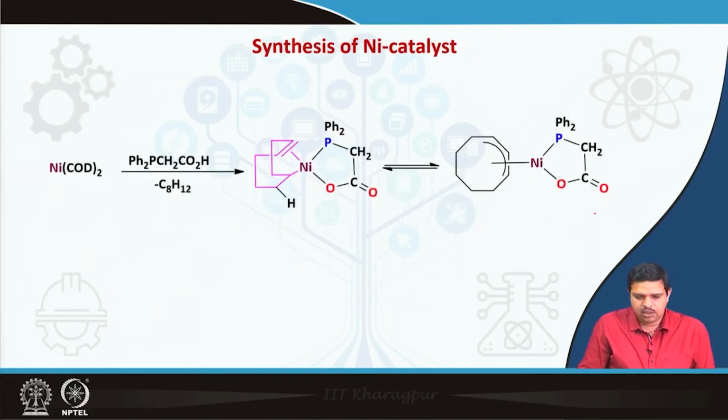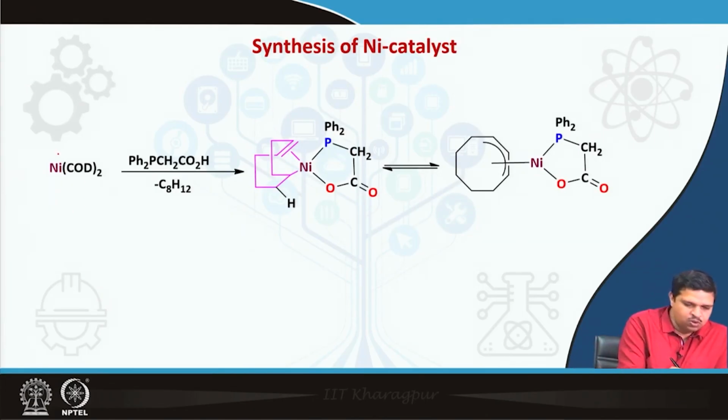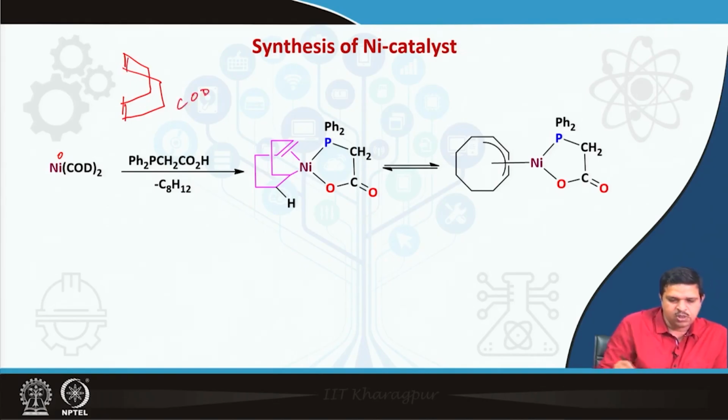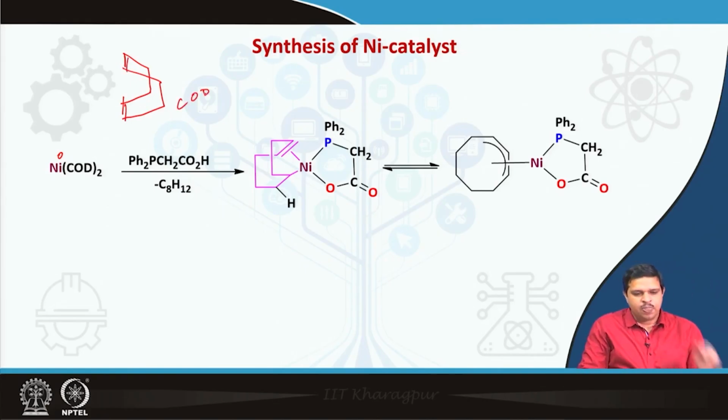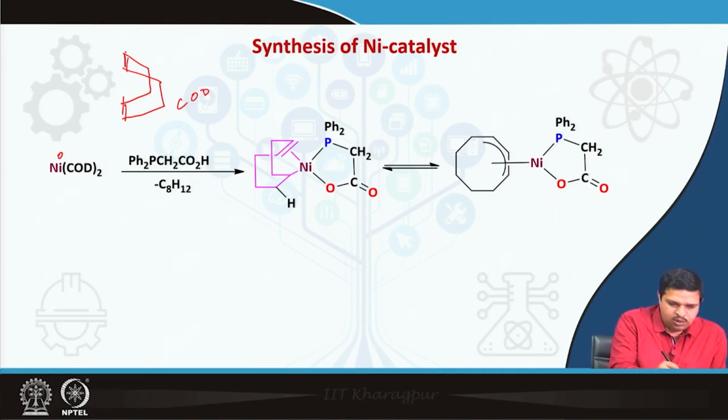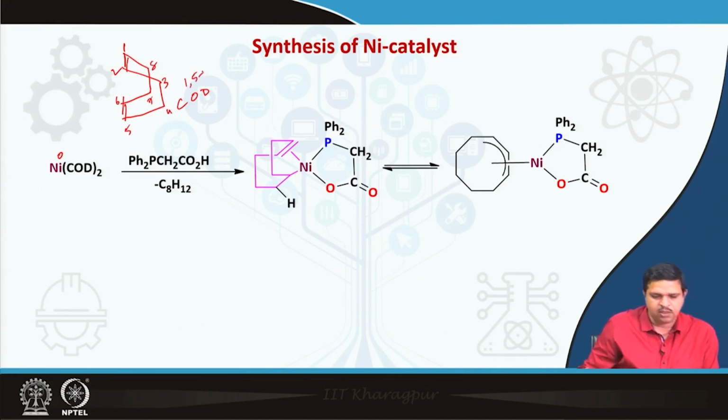It is very easy to prepare. This is the nickel Ni(COD), which is in the zero oxidation state, and Ni(COD) is very easy to synthesize. We generally write the COD like this; this is cyclooctadiene, 1, 2, 3, 4, 5, 6, 7, 8, so you can write 1,5-cyclooctadiene.